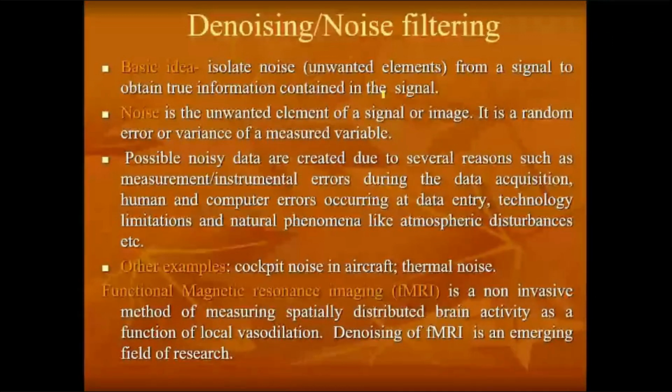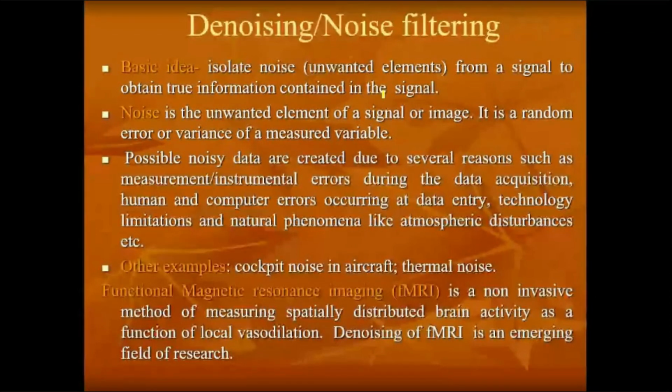Suppose you are doing an experiment, so maybe some noise comes out in the data. This noise comes from the ups and downs of the electricity, maybe changes in temperature, maybe some other challenges.